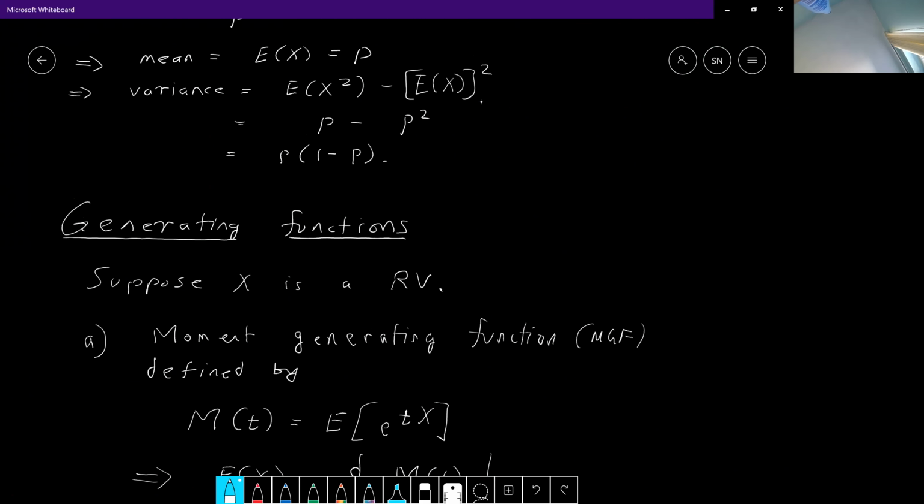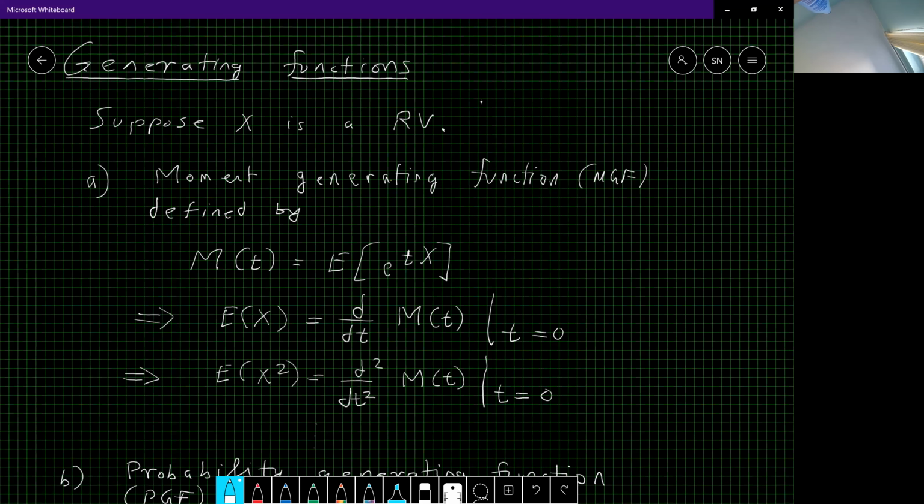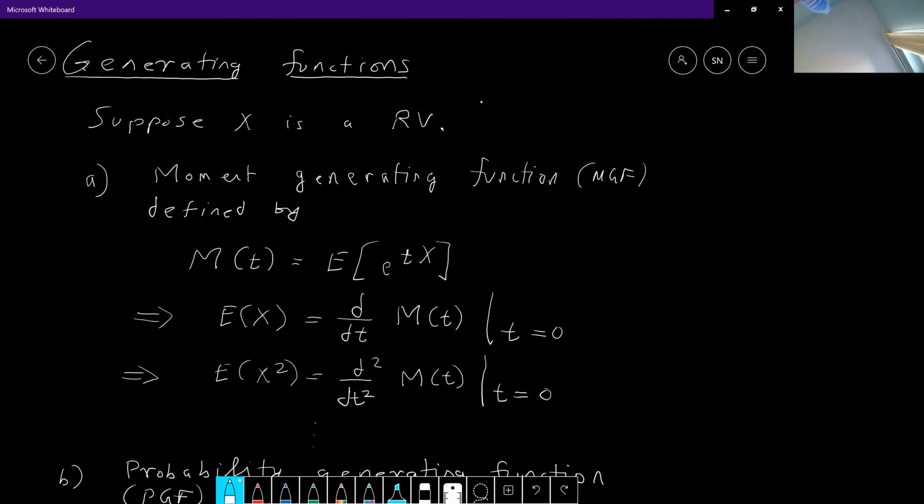Generating functions. If you have a variable X, there are 3 common generating functions. The first one is called the moment generating function. It is defined as the expectation of e to the power tX. It can be used to derive the moments, as I have shown here.